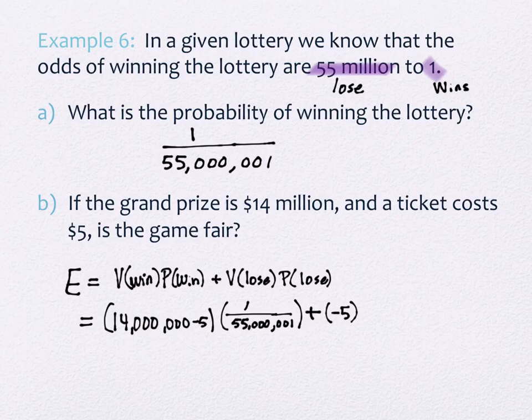What's the probability that you lose? Is it going to be the flip of the fraction? That answer is no. Okay. Is 1 still on the top? Or no? No. It would be the 55 million.